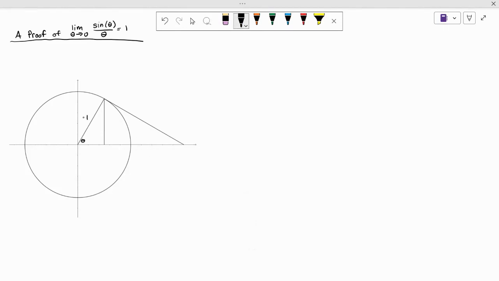Let's call this angle theta that our radius makes with the positive x-axis. And if you extend the radius and draw a line that's tangent, that just kisses the circle there, there is a fact from geometry that the radius is perpendicular to any line tangent to the circle. So this is a 90-degree angle, and we can drop a perpendicular here to get another 90-degree angle.